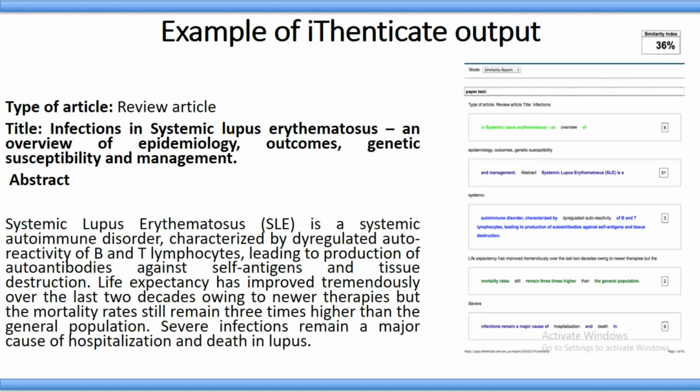This is an example of a real life Authenticate output, wherein this colored text shows the similar text in this paragraph. As you can see, in this small paragraph of maybe 100 words, nearly 40 words are quite similar to previously published literature.